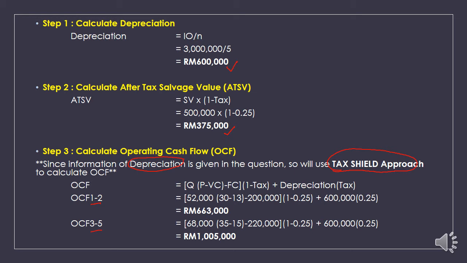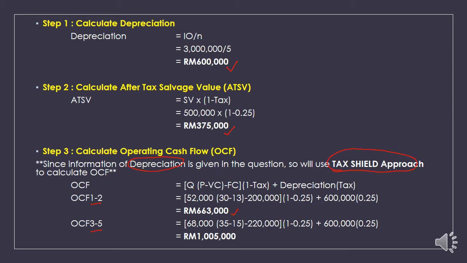So for the first, OCF year 1 until year 2, based on the formula, Q is 52,000 times P 30 ringgit minus variable cost 13 ringgit, and then minus total fixed cost 200,000, times 1 minus tax at 25%, plus depreciation 600,000 times the tax 0.25. So you will get OCF year 1 until year 2 of RM 663,000.